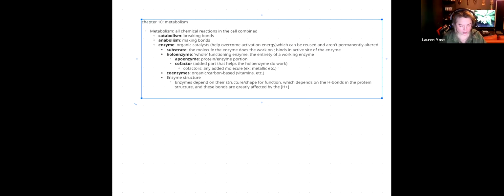So the change in the chemical structure, that overall tertiary, secondary structures, that change causes the enzyme to not be able to work anymore because of the shape change. Now, its chemical makeup is still exactly the same. So that's the important thing to remember. We haven't changed it chemically at all by putting a lower pH or a higher pH. There's been no chemical reaction going on other than disrupting those hydrogen bonds.